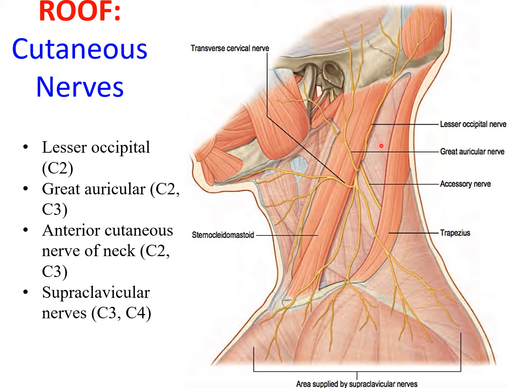So please remember that these 4 cutaneous branches of the cervical plexus will pierce the prevertebral fascia covering the floor of the triangle, and then they become the content of the posterior triangle. Then they pierce the roof formed by the investing layer of the deep cervical fascia at different points and become cutaneous and supply the skin of the side of the neck. Okay. Let us now consider each of these cutaneous nerves separately.